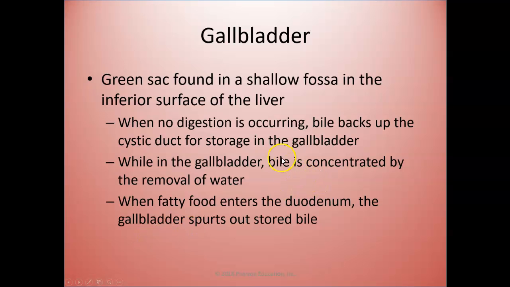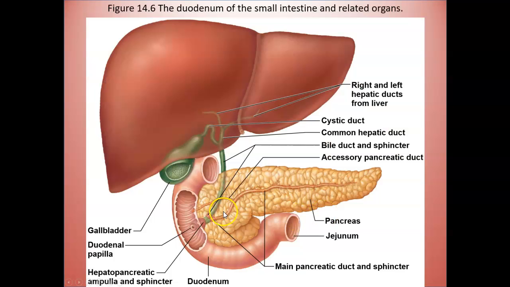People do get mineralization buildup, so they have things called gallstones that build up in the gallbladder. It can be painful to get those removed. All right, here's the gallbladder over on the left, and this is the cystic duct going down to the hepatic duct, going out to ultimately the duodenum.